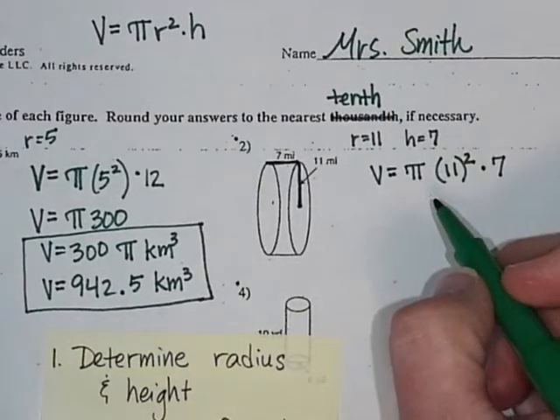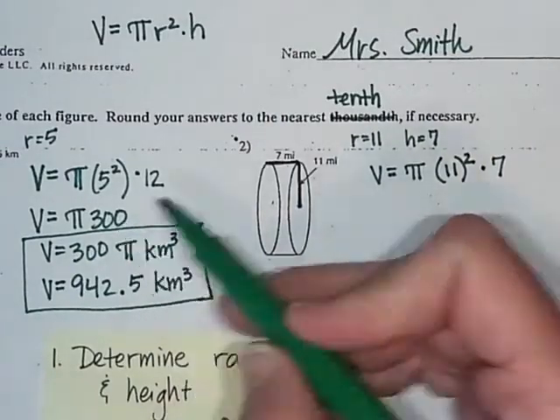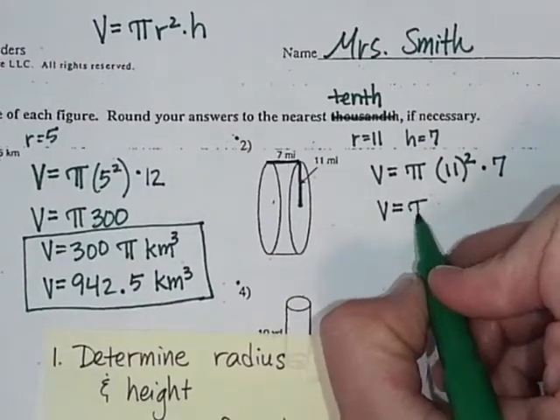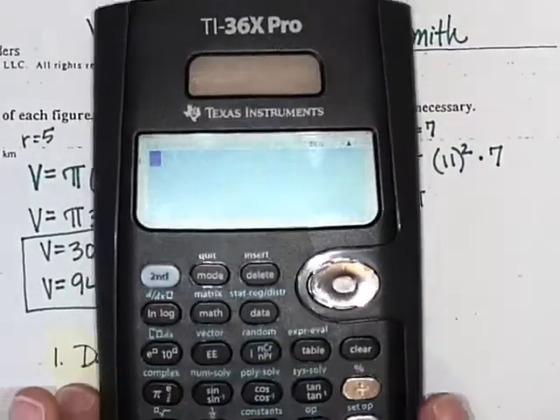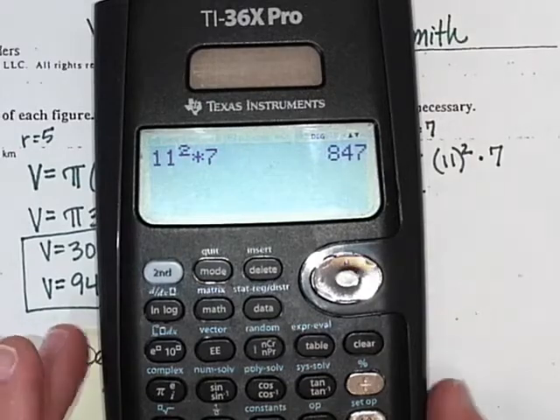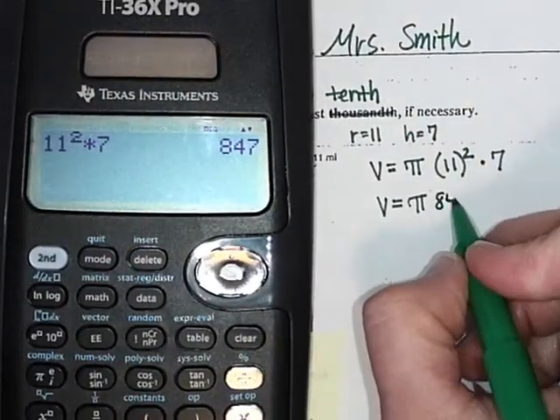Okay, so first off, we're going to give our answer in terms of pi, kind of like we did over here. Volume equals pi times, okay, now we need our calculator. 11 squared times 7. 847. Pi times 847.